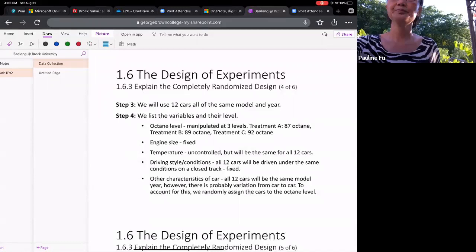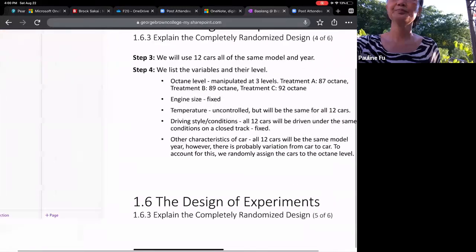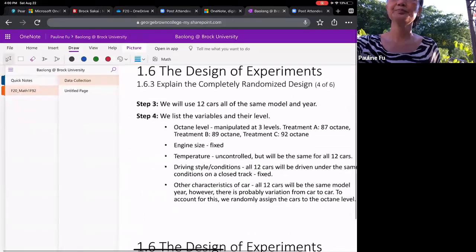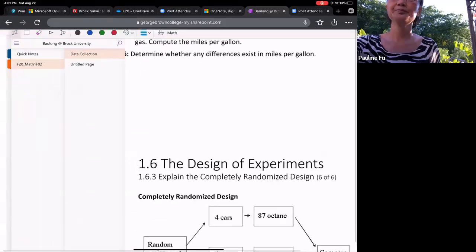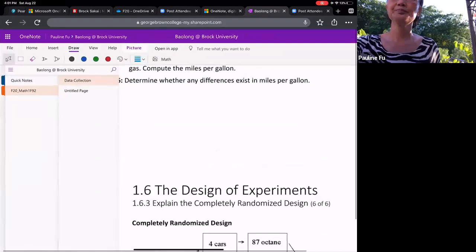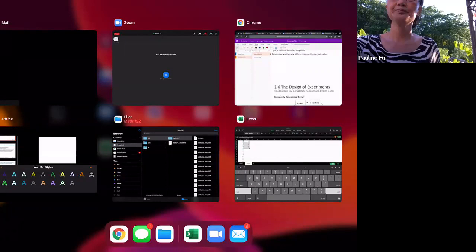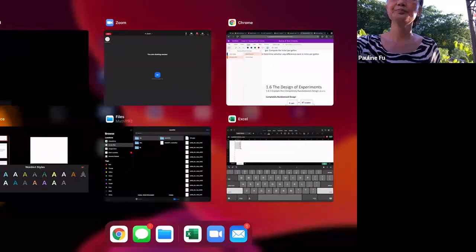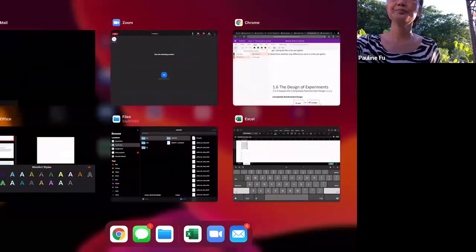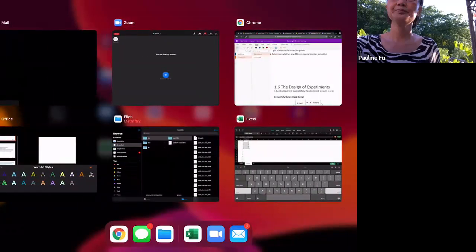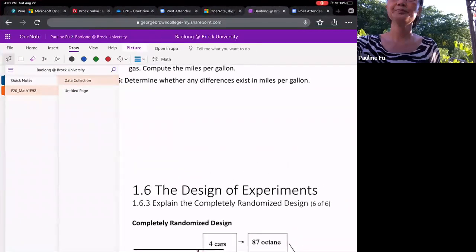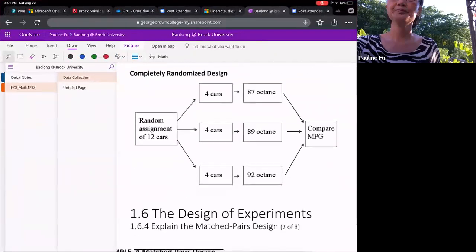However, there is variability from car to car. To account for this, we randomly assign the cars to the octane levels. Okay.